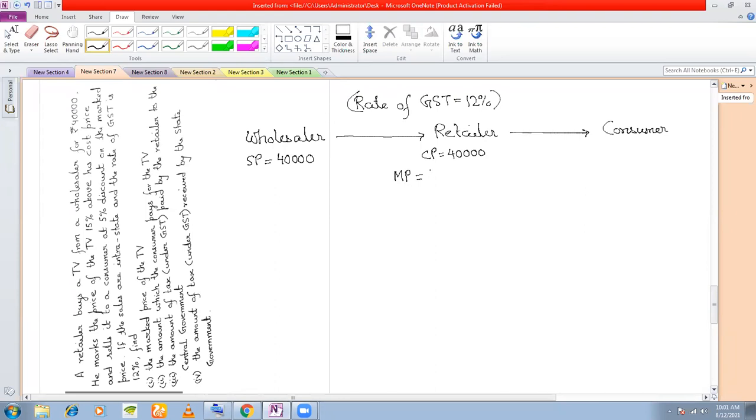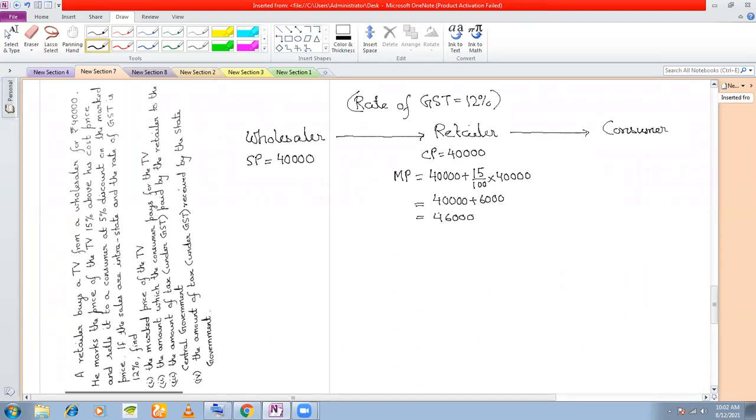That means 40,000 plus 15% of 40,000 must be the mark price of the retailer. So this comes to 46,000, 40,000 plus 6,000, 46,000.